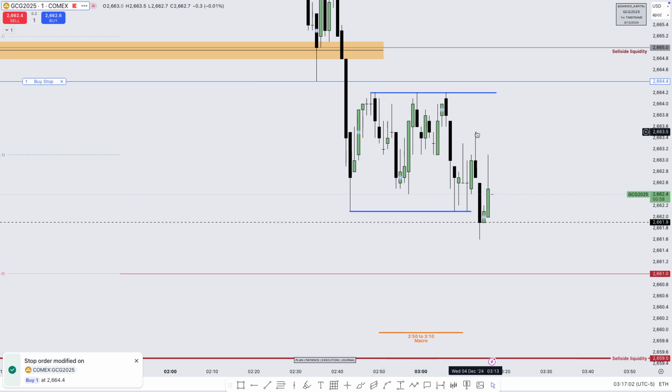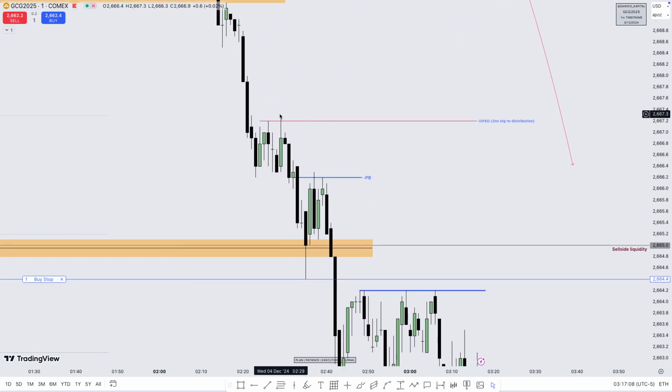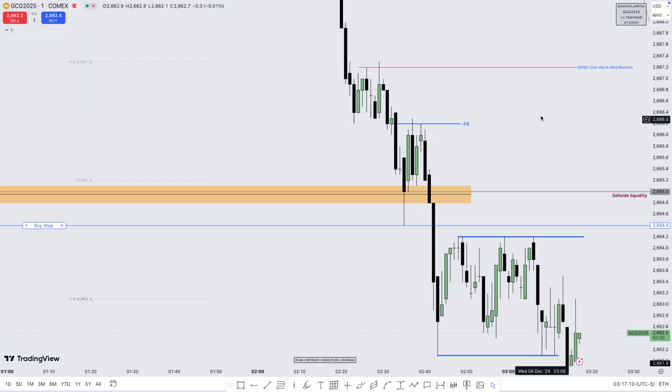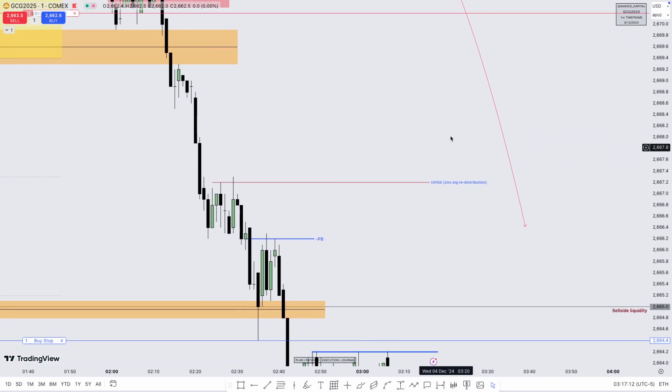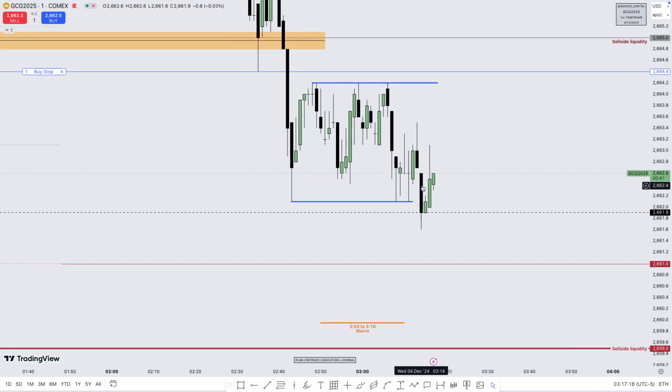If we break above this high, that's a bullish market structure shift, and it might mean we are coming for these highs up here, even those relative equal highs up there. If we break and close above this high, these highs are next, and I'll be happy to be tagged out there.